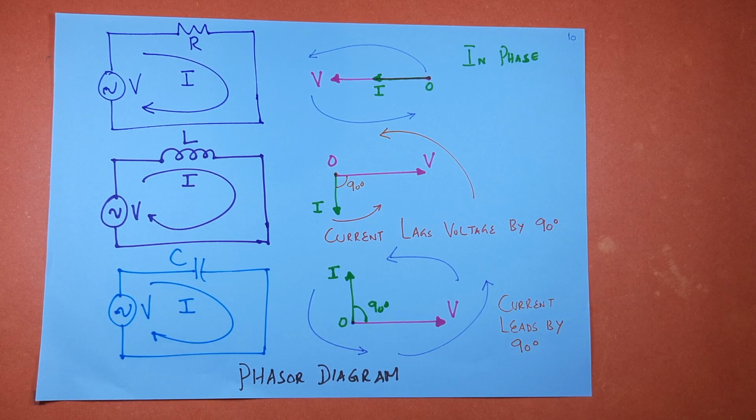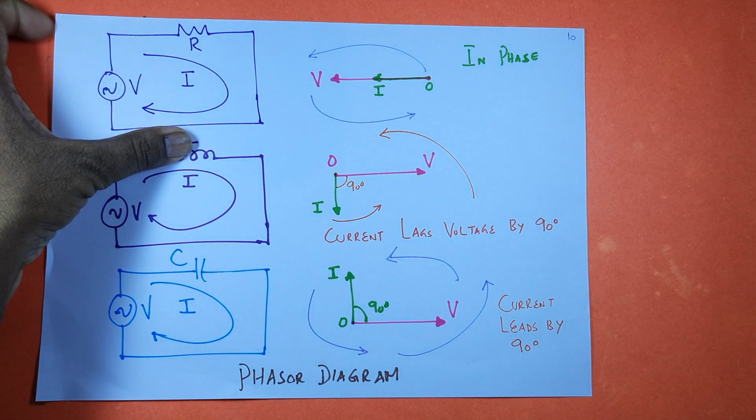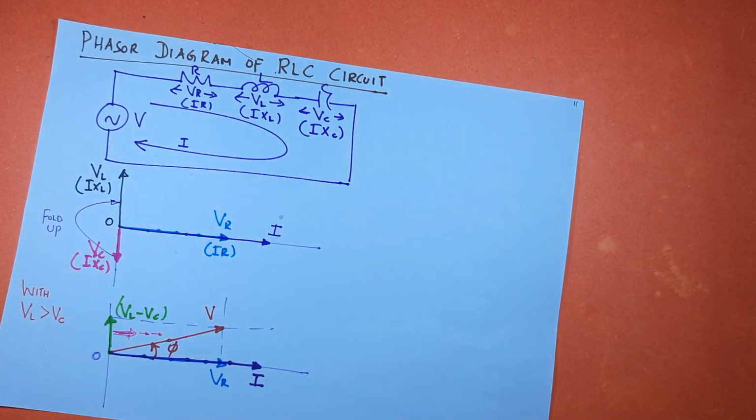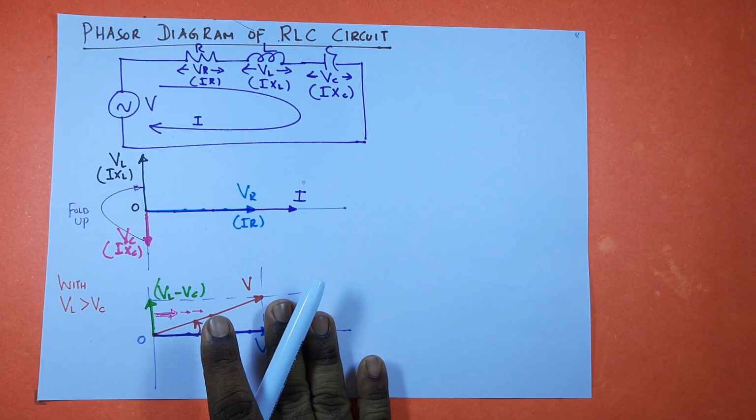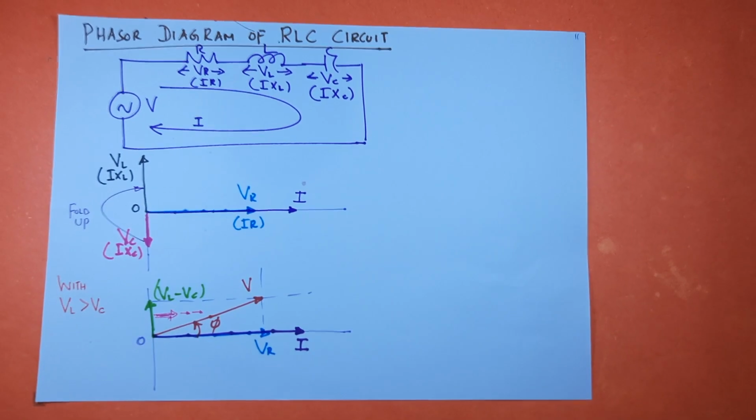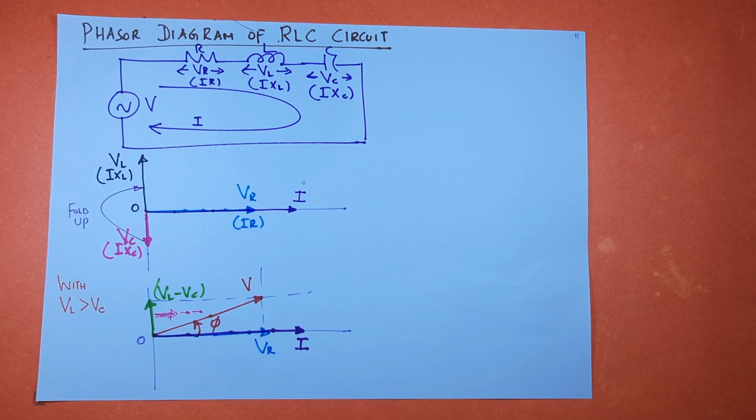Next we shall see an example, not a problem. This is a common thing: the phasor diagram of an RLC circuit. Sometimes the circuit may not always be a pure resistor, pure inductor or pure capacitor. It may be a mixture of all these things; mostly all three will be present.